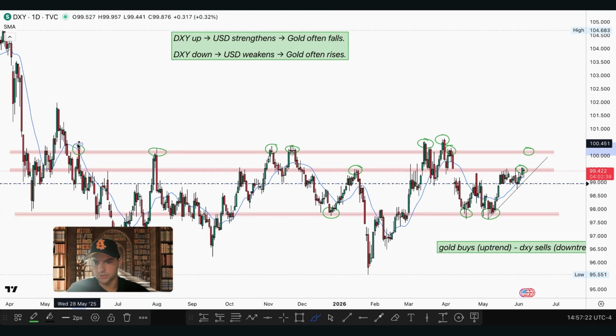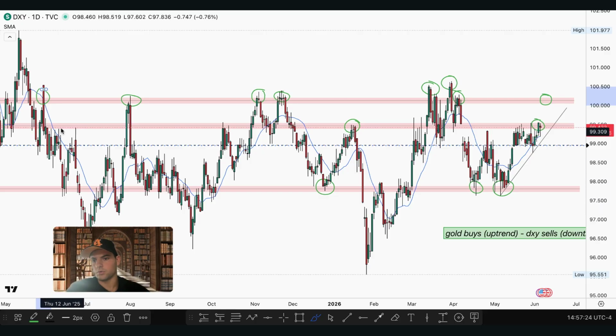So mostly every time that we pushed higher on the DXY, the DXY got stronger, and so gold fell. And then after that, if gold falls, it's one of the best opportunities to buy. And the best opportunity to buy means that we're going to reverse. Like right here, we had this push down right here, right?